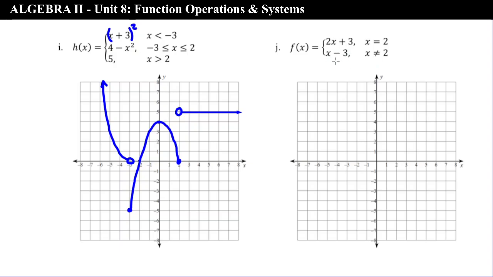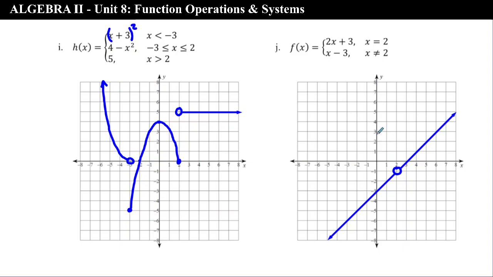Okay, so we have x minus 3, so we have a y-intercept of negative 3. Our slope is 1, so we're going to go up 1 over 1, up 1 over 1. So here, I am at the point where we are going to be skipping. Everywhere else, we're just up 1 over 1, all the way in each direction. So we can go ahead and sketch the rest of this line.